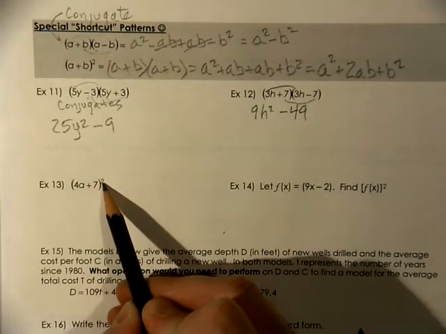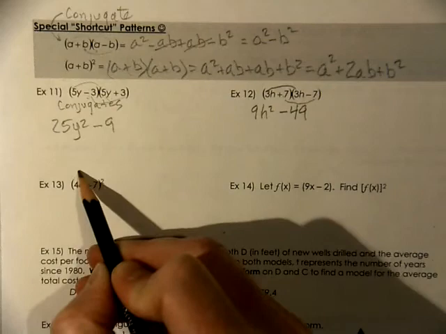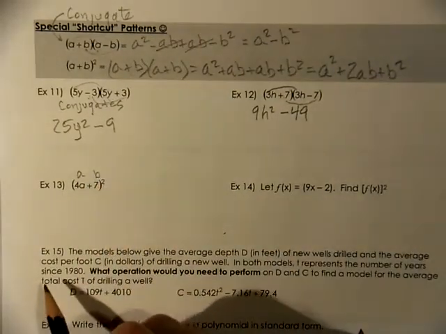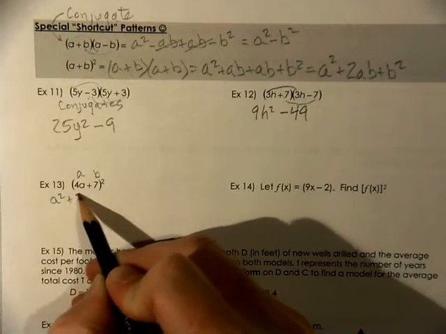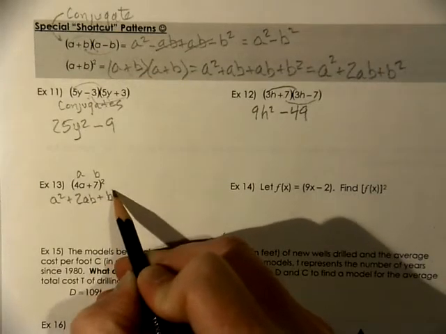Here we have a binomial squared. So what we're going to do is consider this our a term. Consider that your b term. So our pattern, remember, was a squared plus 2ab plus b squared.